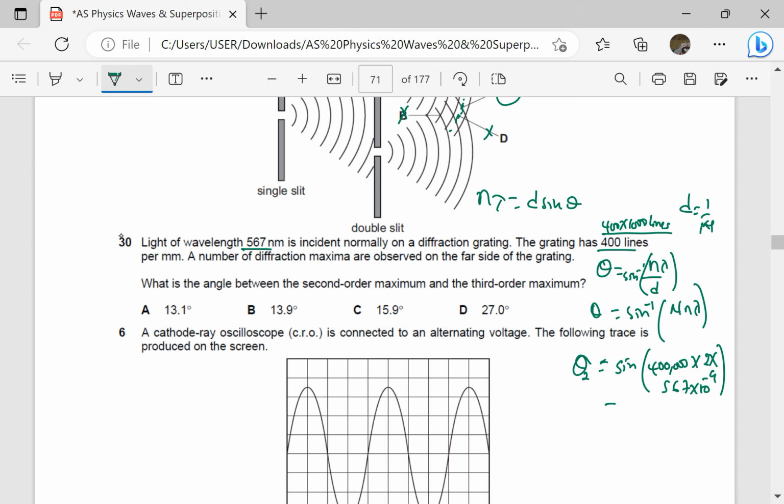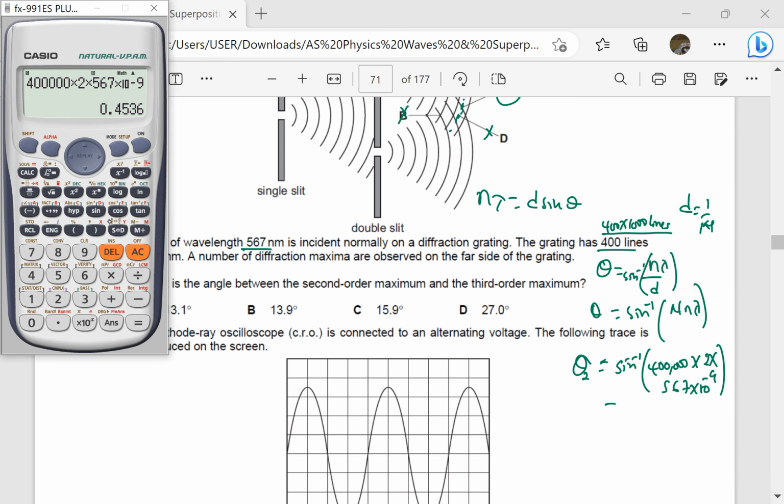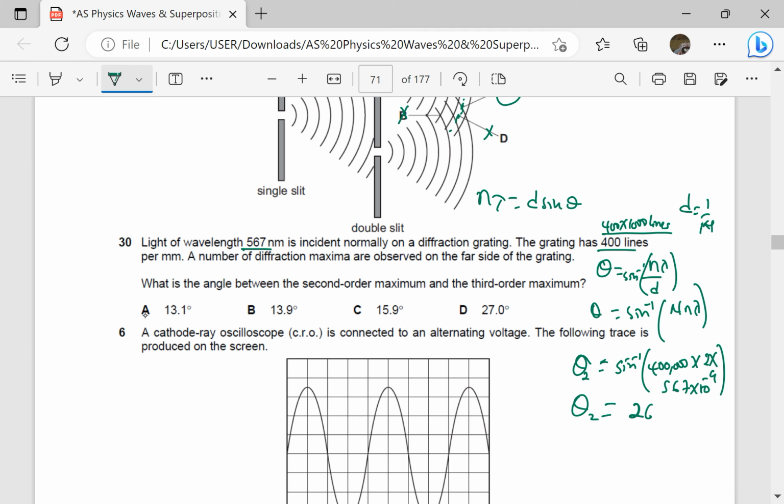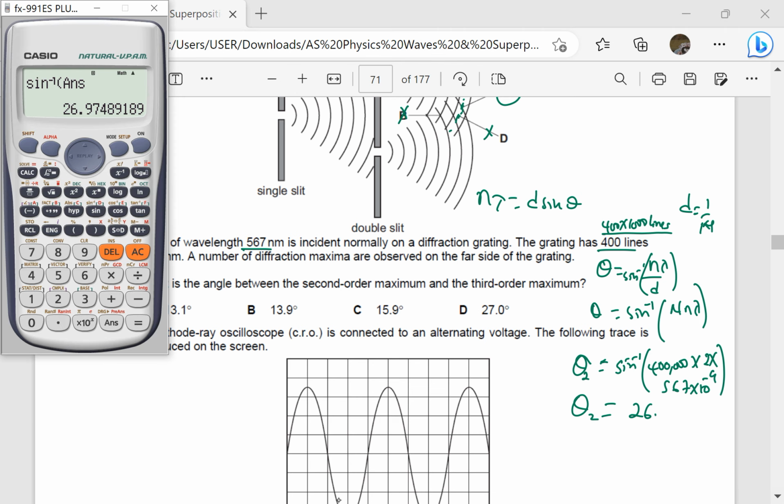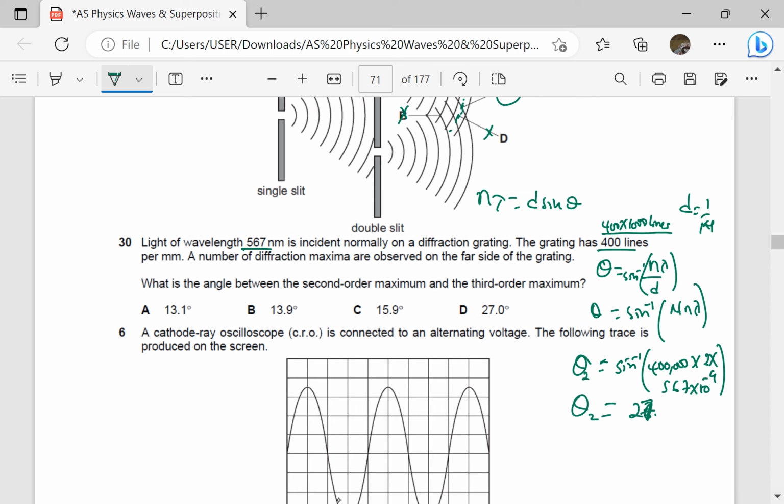Then you get the sine inverse of the answer, 26. So theta 2 is approximately 27 degrees.